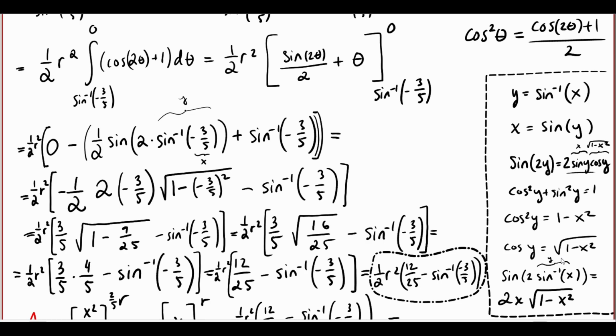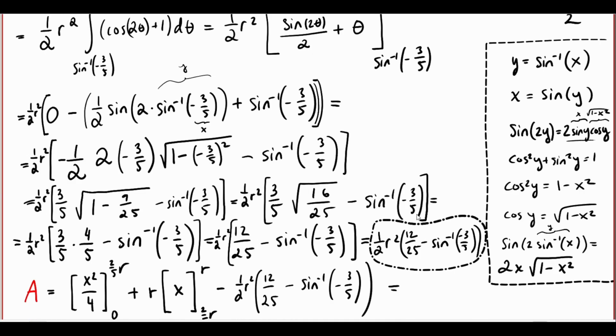So we have this expression here. We have 1/2, which is this thing here, and then the 2 here is the 2 here, and x is whatever is inside the arc sine here, which is minus 3/5.